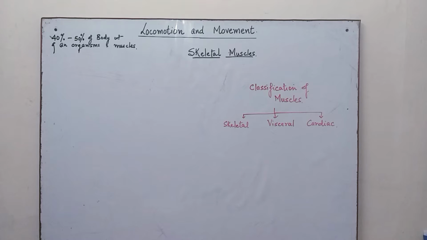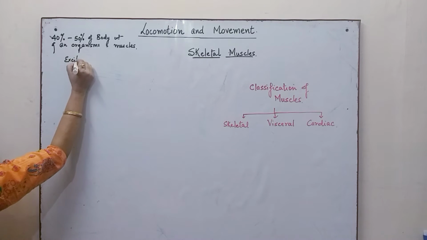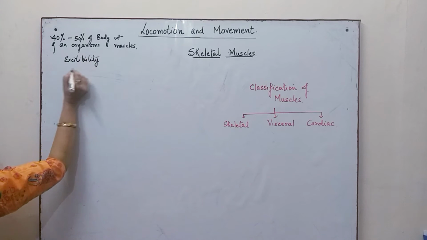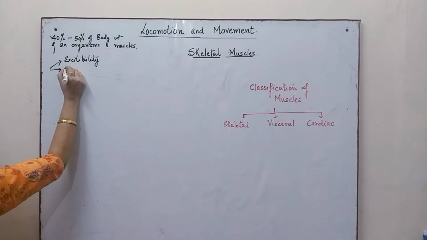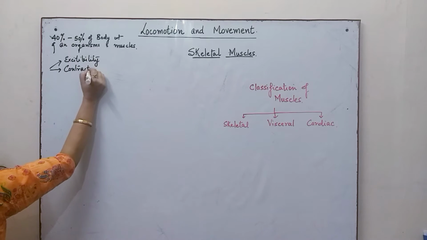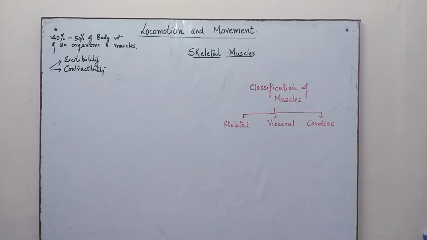Now, the properties which are shown by the muscles is excitability. That means they get excited on receiving certain kinds of stimulus. Another property which is shown by them is contractibility. They have the power to contract and bring about the movement.